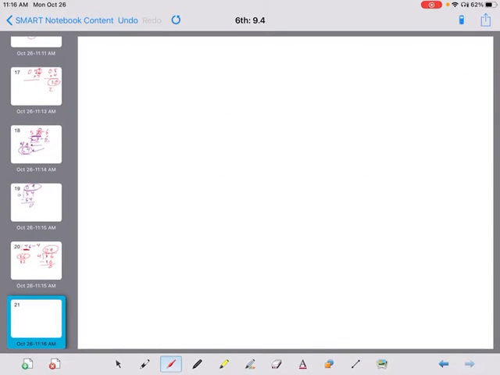All right, let's look at a couple of these guided practice. We're going to do 18, 20, and 21. So 18 is 12.42 plus 12.64.